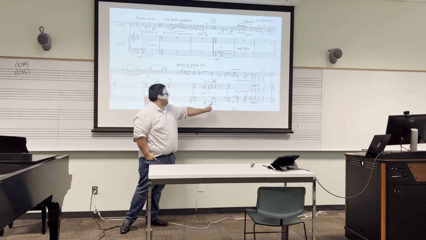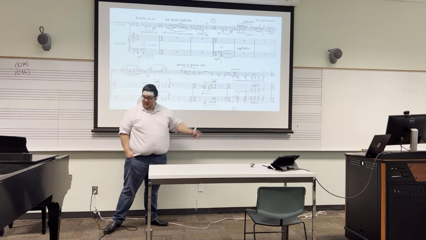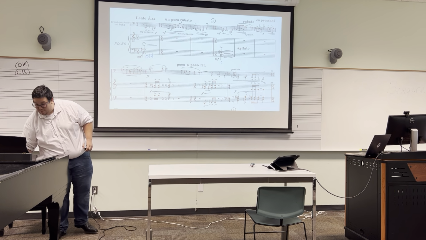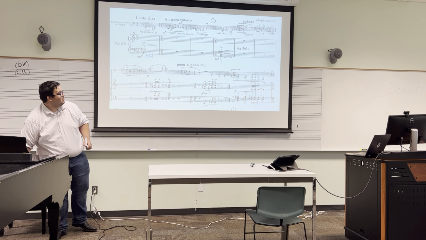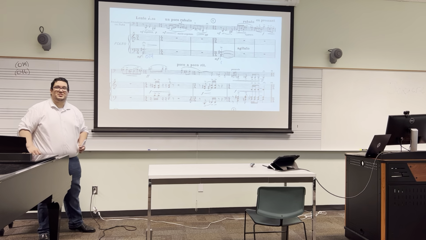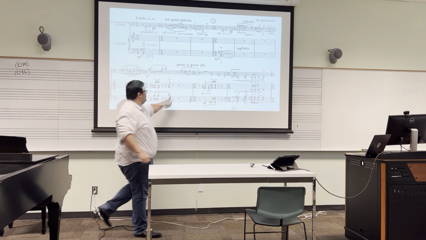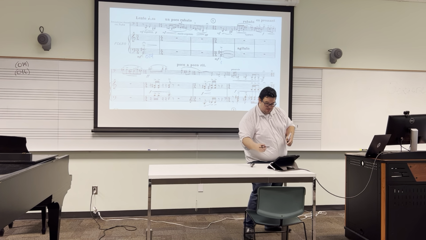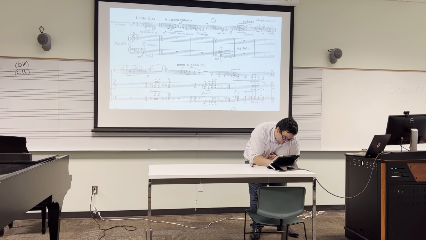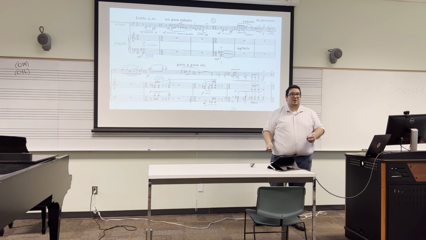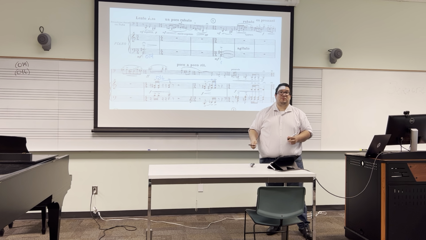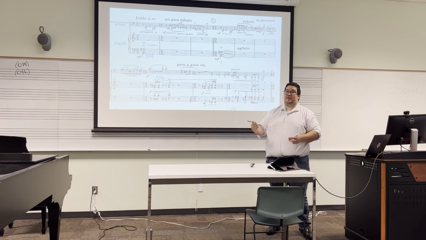Here we have C, D flat, F sharp. Also 0, 1, 6. So all 4 of these chords are 0, 1, 6. I'm starting to think that a set analysis of this might be useful. Perhaps more useful than a Roman numeral analysis. You starting to see what I'm saying? Okay.